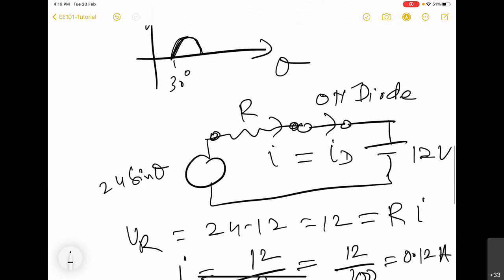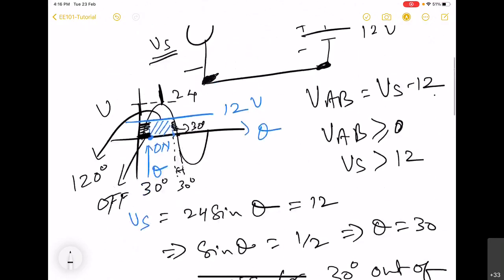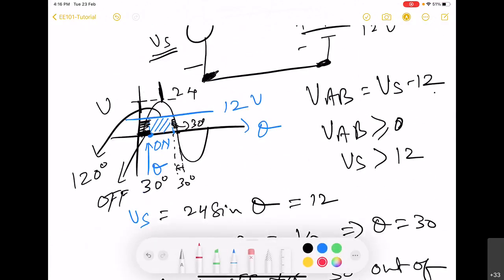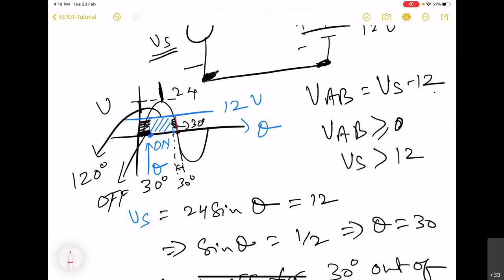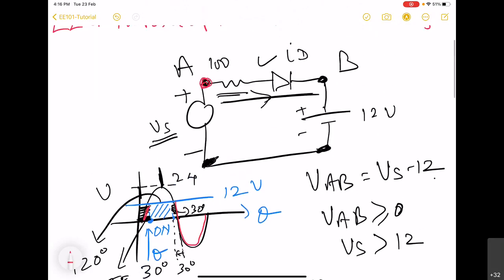Now we have to find out what is the maximum reverse bias that diode will experience. So diode will experience reverse bias in this portion and in this portion. So we see that the minimum negative voltage that this node will experience is this moment, and this is going to be minus 24 volt.